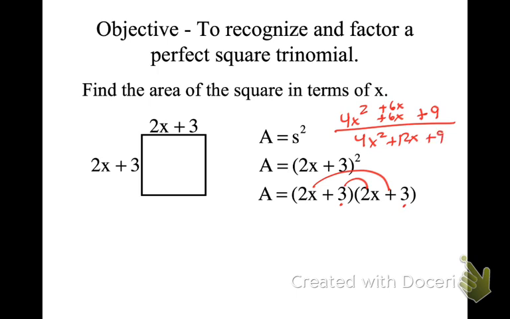But then I showed you a shortcut. I showed you that when you have 2x plus 3 and it's a binomial square, let's put that equal sign there. We can square the first one. What is it? 4x squared. Louis, square the last term. 9.